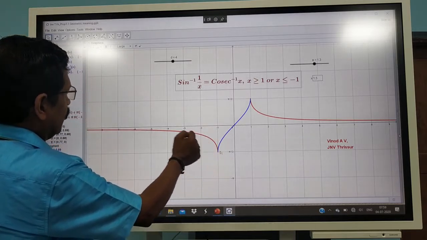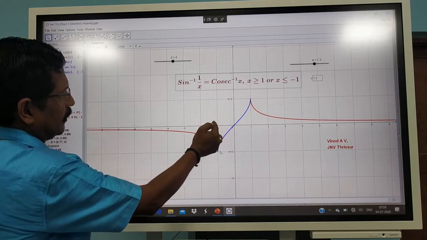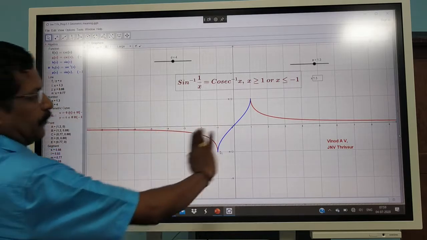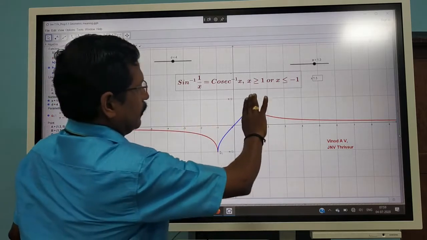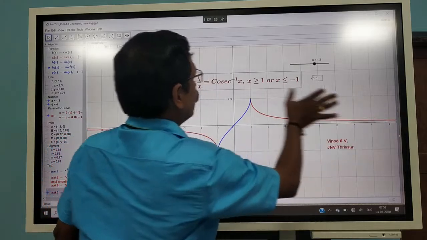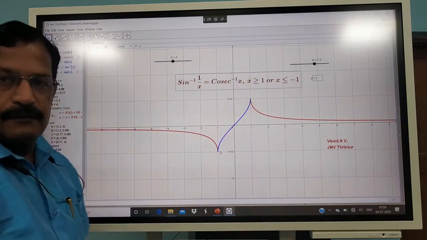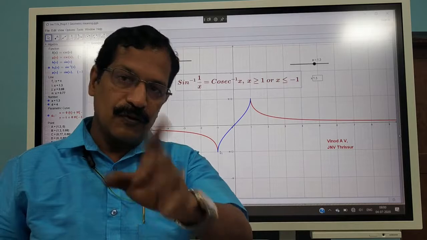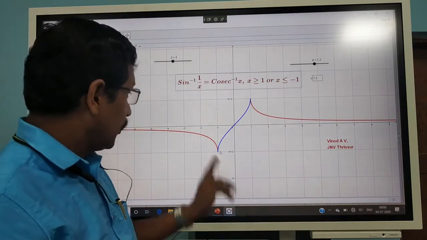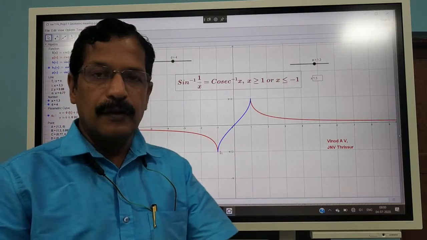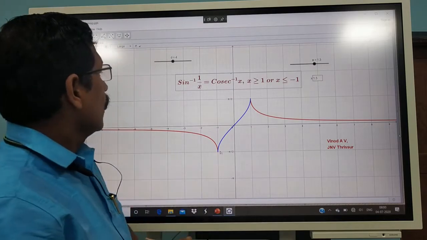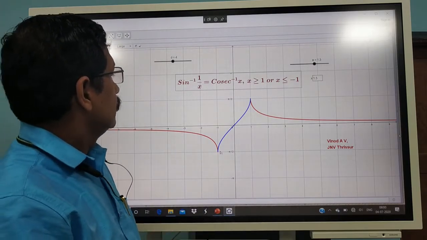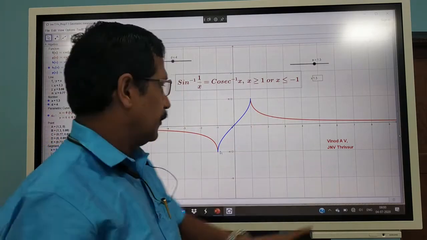You can see that it is less than or equal to minus 1, and greater than or equal to 1. That is the domain of cosec inverse.